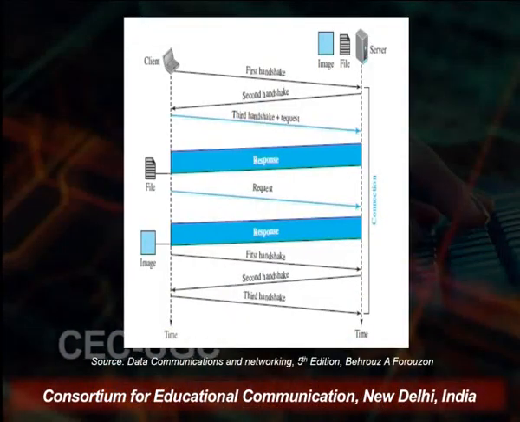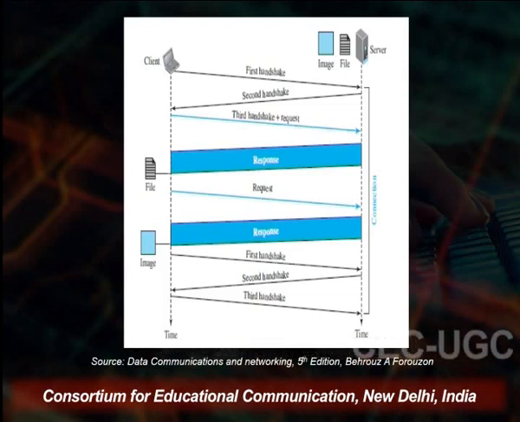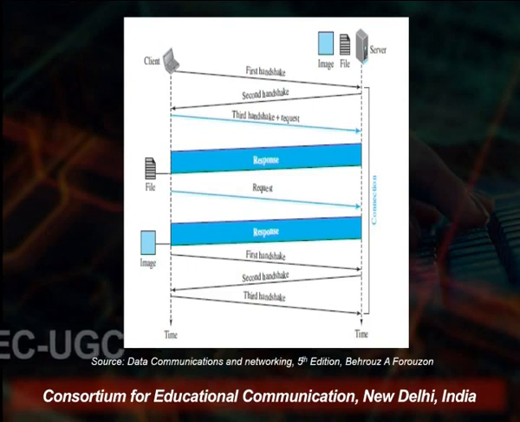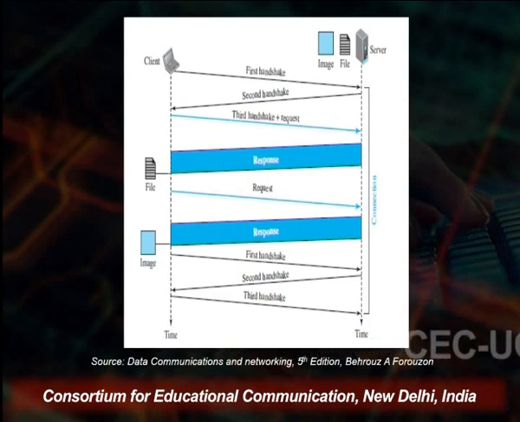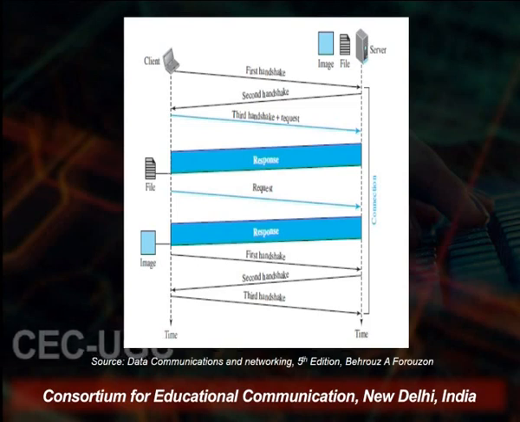So here you can see in this diagram that only once there is a request for opening, the connection is established and a request is sent by the client. The server sends the response. After this, the client does not have to request for another connection because the connection is already open.